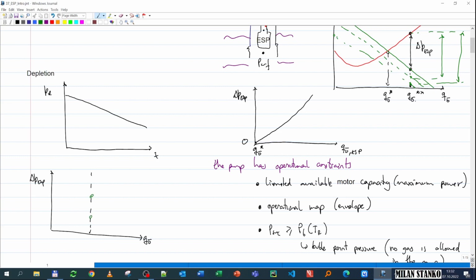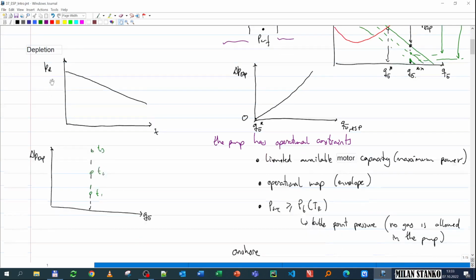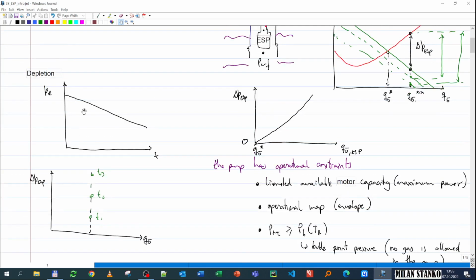So I have a point for time 1, time 2, time 3. Okay, so it's increasing. Of course, it's not always the case that I want to produce a constant rate. Maybe because of reservoir management, at some point I want to change that rate. But essentially, I always have an increase in delta P if I have a reduction in reservoir pressure.